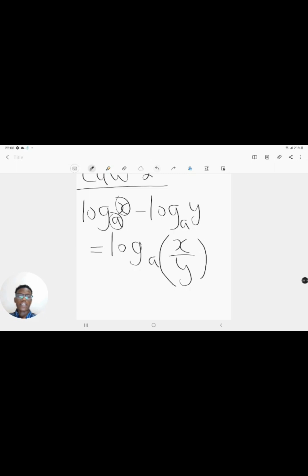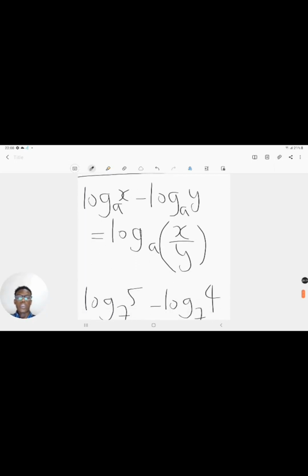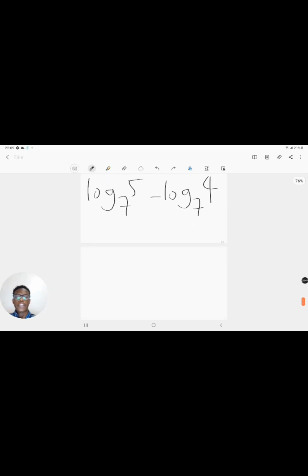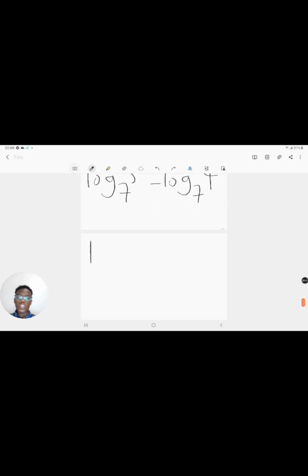Okay, so let us demonstrate that. Let's say you've got log base 7 of 5 minus log base 7 of 4. Well, according to this law up here, if I'm subtracting, and I've got the same base for the two logs, and I've got these two different numbers, then I can just use the same log.